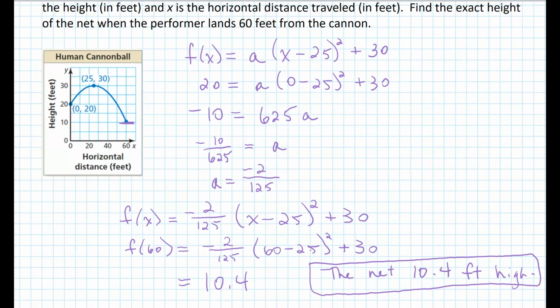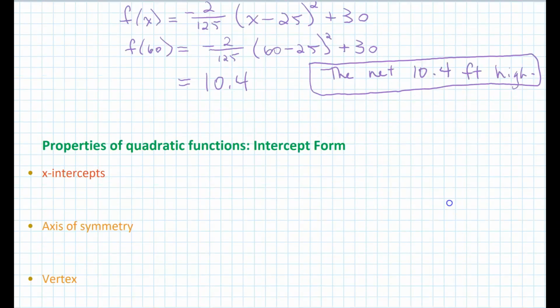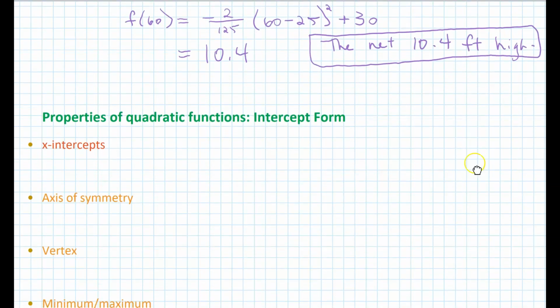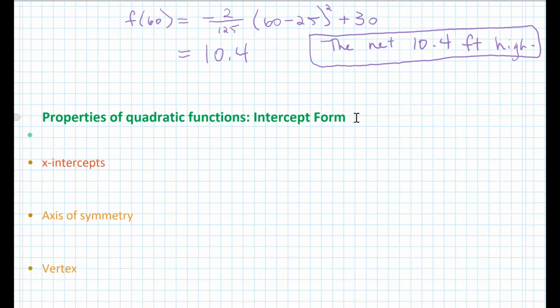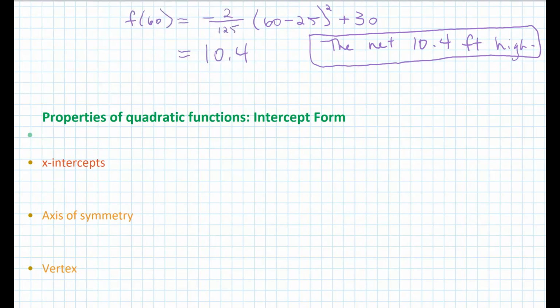Okay. So let's look at the last form that we haven't talked about yet. This is the intercept form. Let me rewrite that down here. Okay, so the intercept form: f of x is equal to a times (x minus p) times (x minus q).